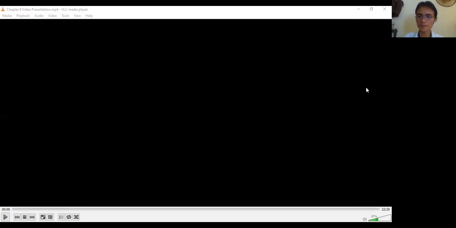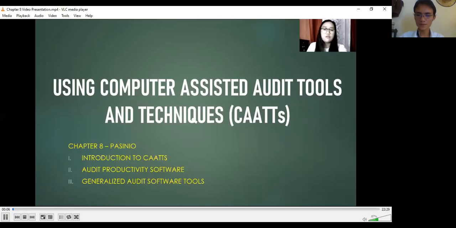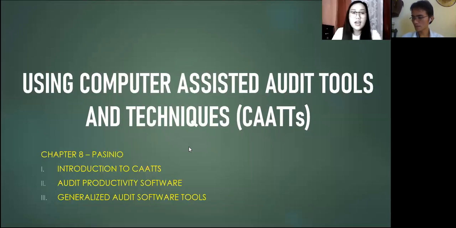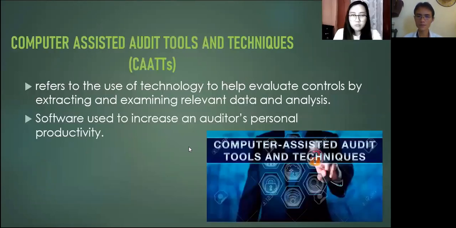Hello everyone, I am Astrid Pasinio and I will be discussing the first part of Chapter 8, using computer-assisted audit tools and techniques. So CAAT stands for Computer-Assisted Audit Tools and Techniques.